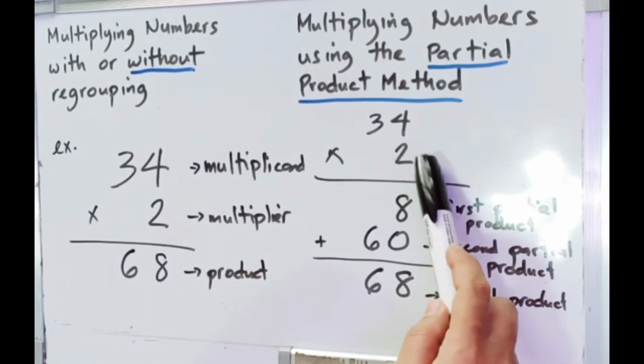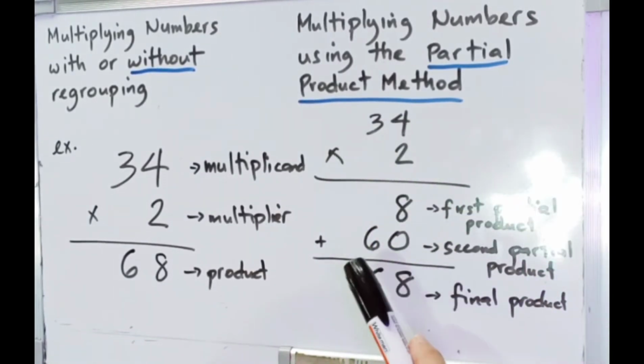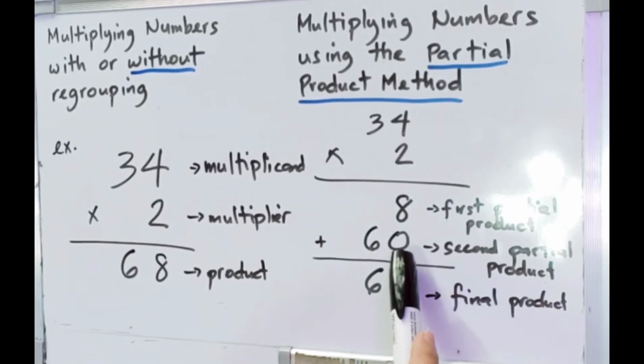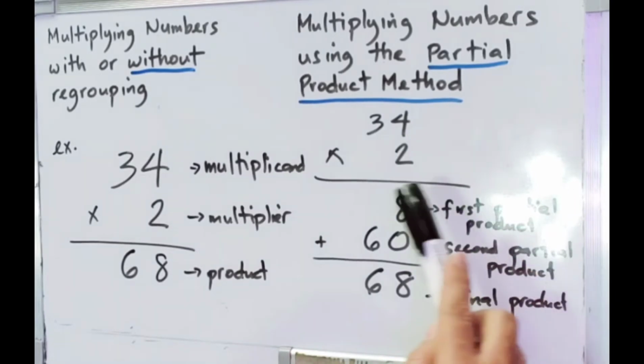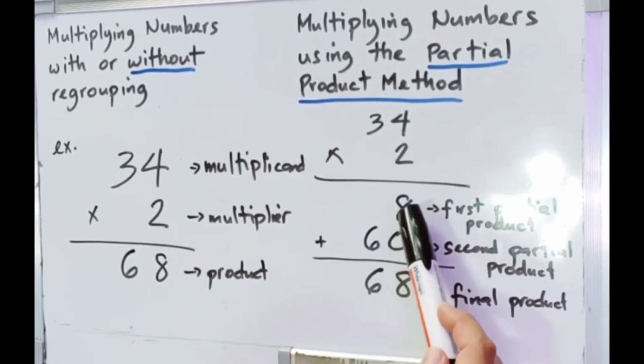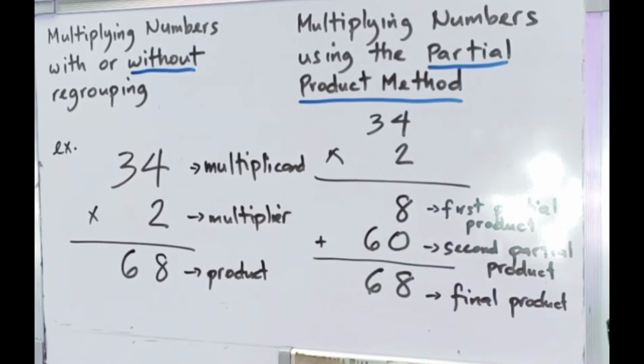So when we multiply 2 by 30, we get 60. And we can refer to this as the second partial product. Then we add the partial products, 8 and 60, we get 68. And sometimes they call it the final product.